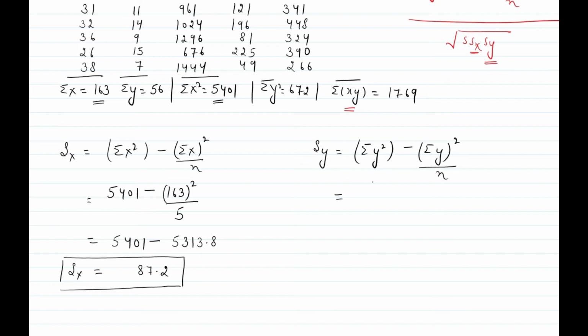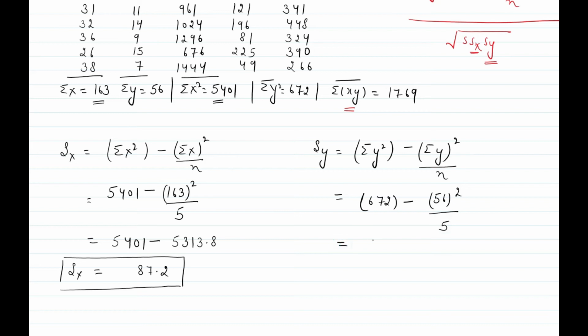That is the summation of y squared, which is 672. We just have to put in the values: 672 minus the whole square of the summation of y, that is 56 whole square, divided by n, which is 5.